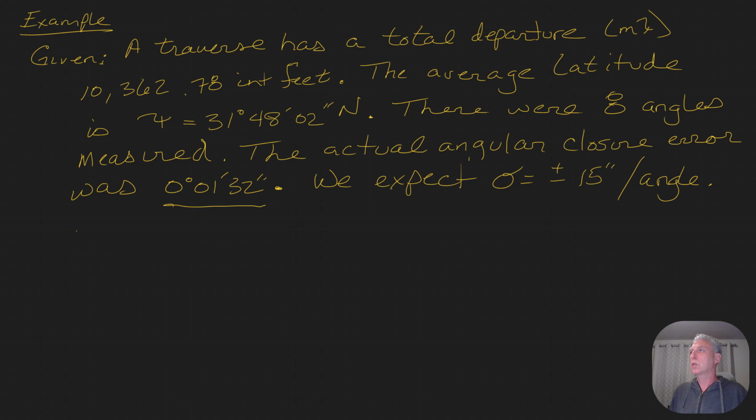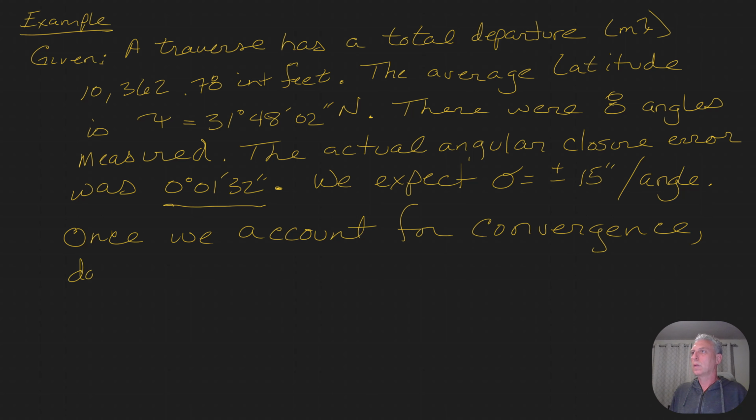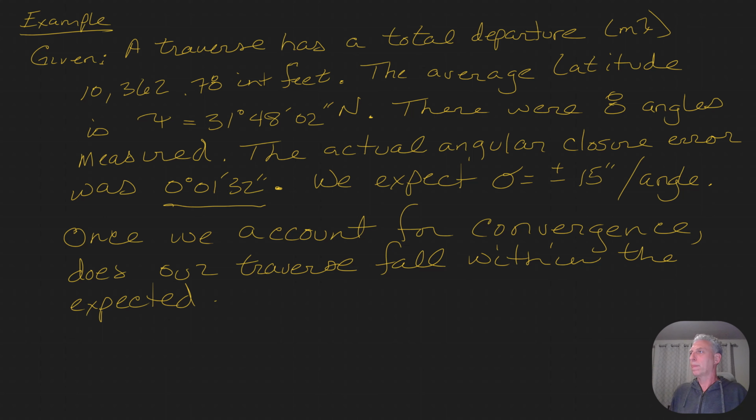The question is, once we account for convergence, does our traverse fall within the expected error?